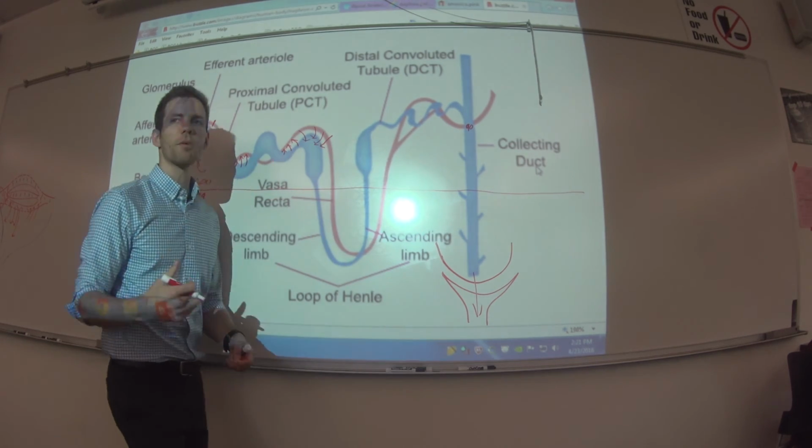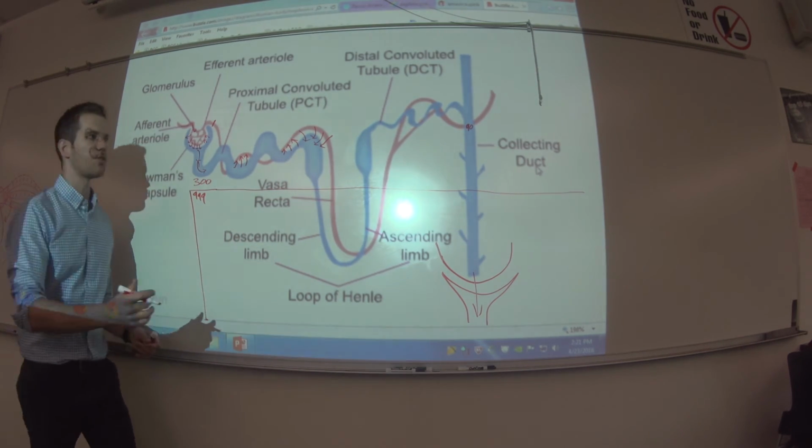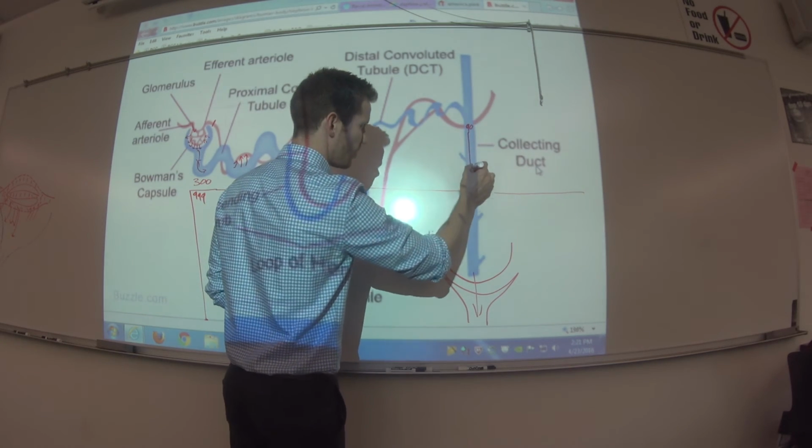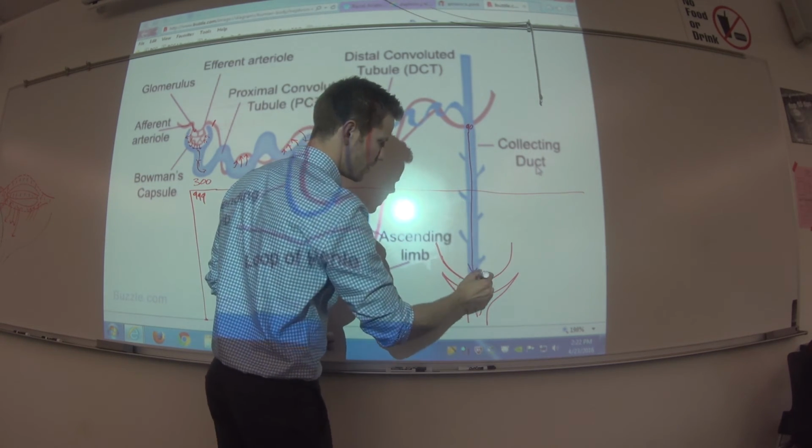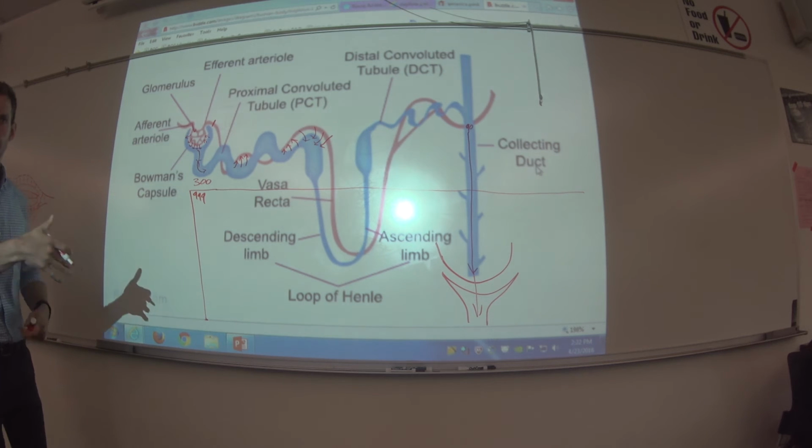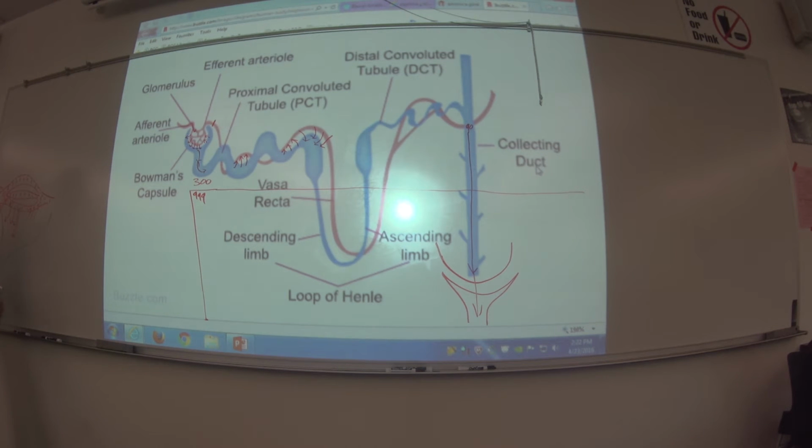And if you are properly hydrated, that's the end of the story. This just continues down the collecting duct and takes that long pathway into the toilet. But if you are dehydrated or have a low blood pressure, so if you need, both of those things are a need for more water. Your low blood pressure, your body says, well, throw water in your arteries and veins to boost your blood pressure.